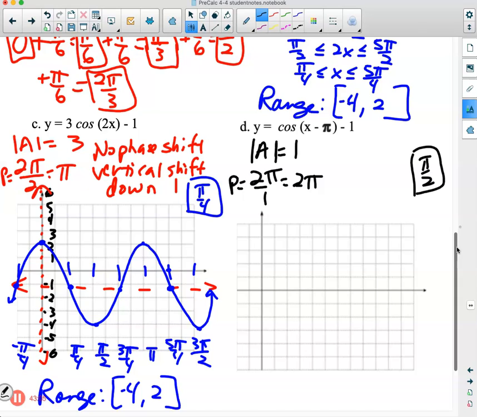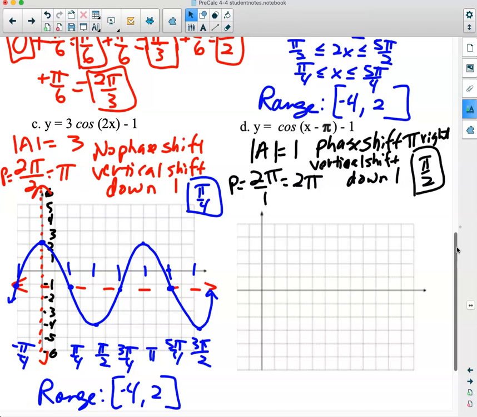But this one has an interesting phase shift. Pi to the right. Vertical shift, we've dealt with the -1 thing, so vertical shift down 1.